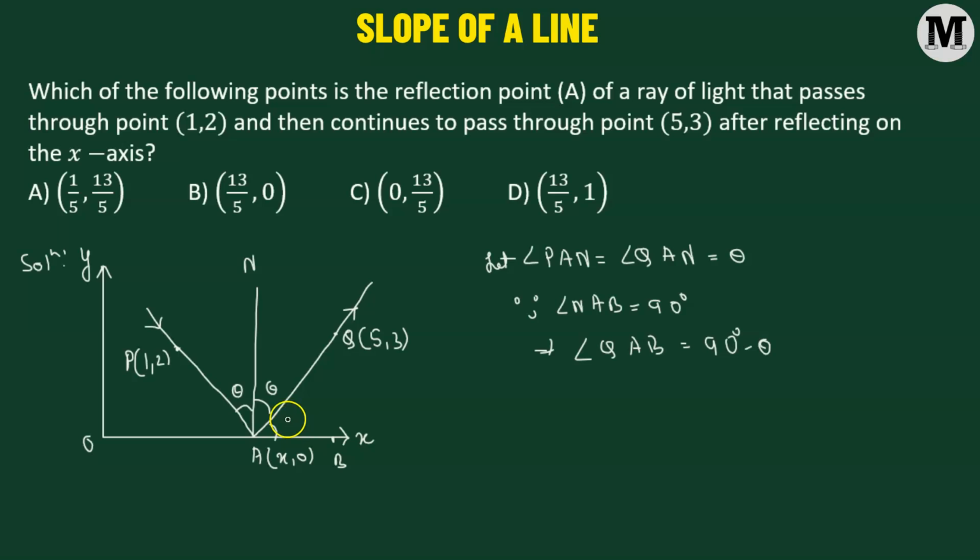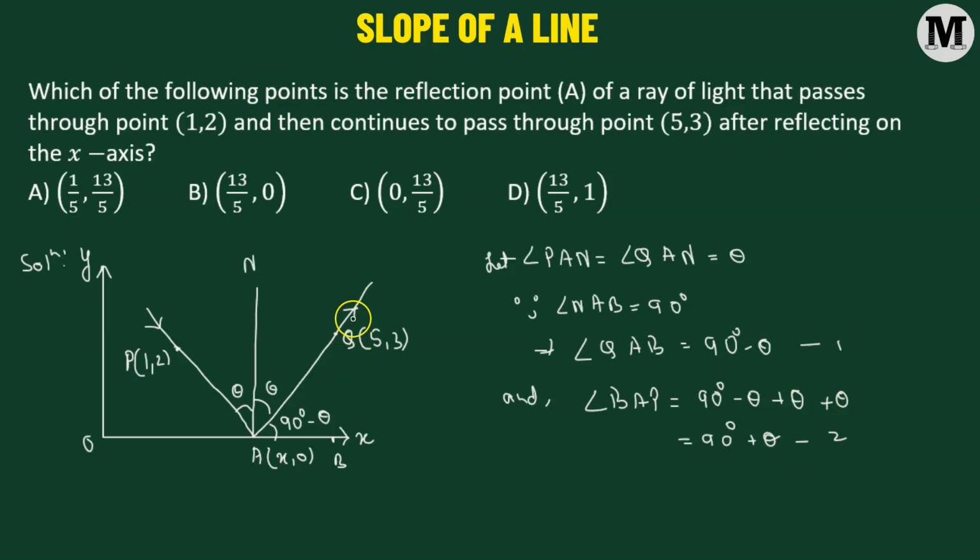So this is the angle measure, 90 degrees minus theta, and we also need to find the angle BAP. That's going to be equal to 90 degrees minus theta, added to angle QAN, which is theta, and then angle NAP, which is also theta, and that's going to give us a value of 90 degrees plus theta. So this is number 1 and this is number 2.